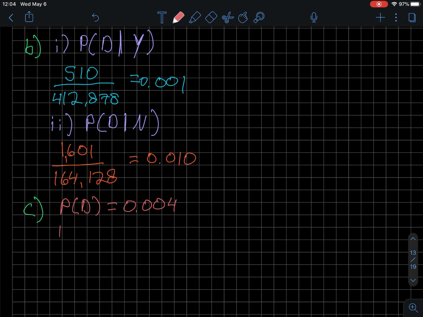We know that the probability of dying, given that yes, you did wear a seatbelt, is 0.001. And we know that the probability of dying given that you were not wearing a seatbelt is equal to 0.010.